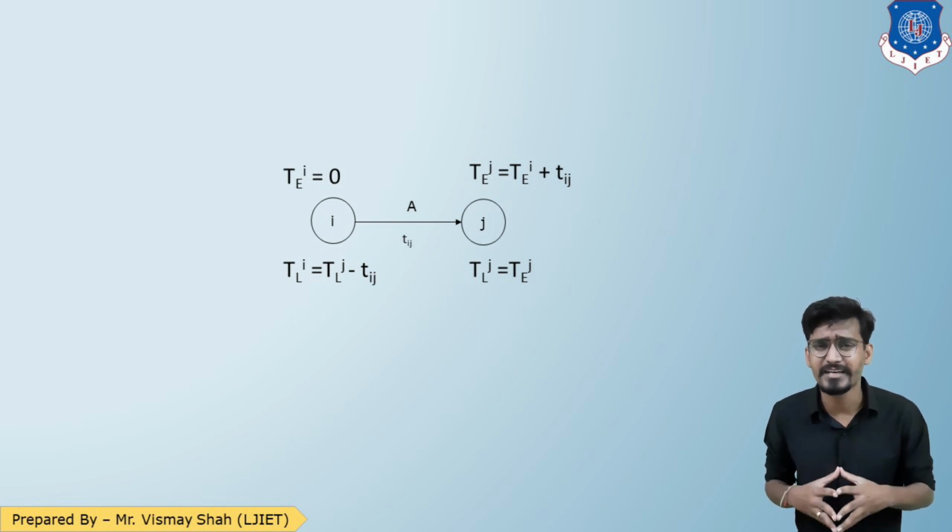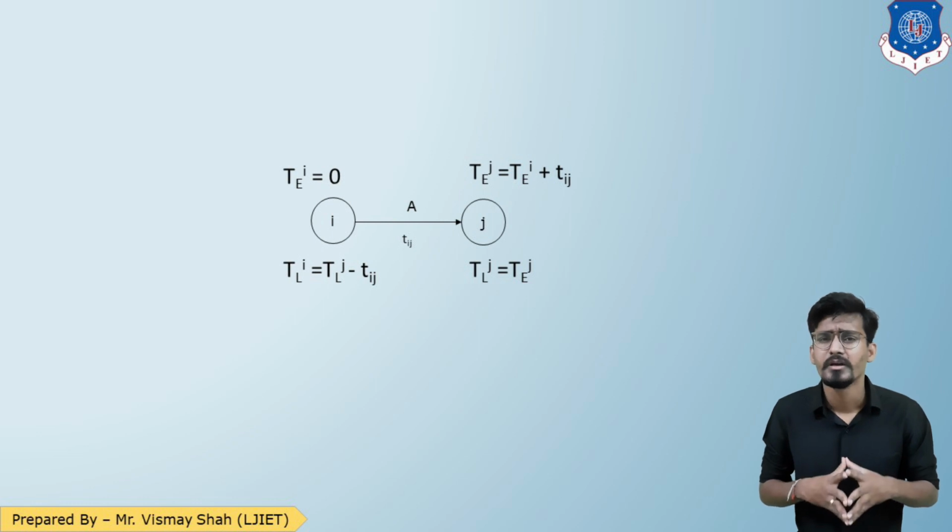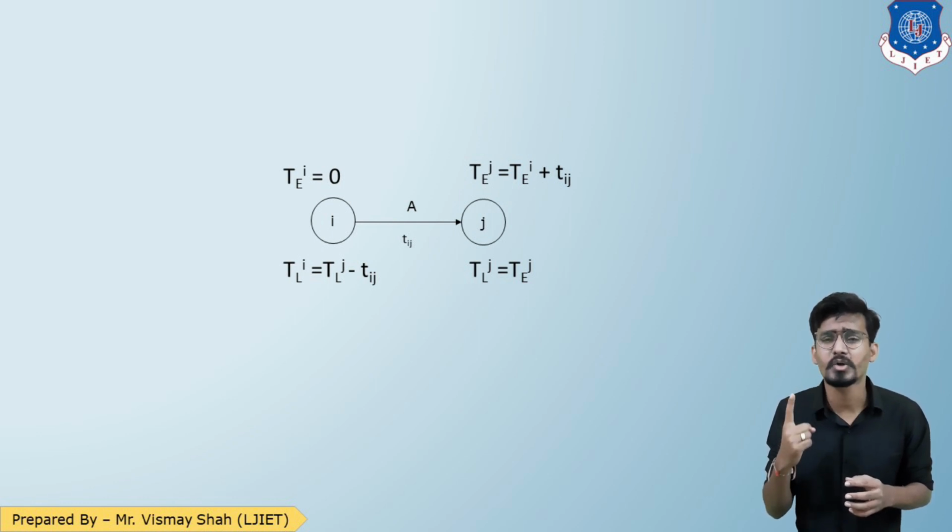From the next session we are going to see the numericals of the CPM method. In a numerical, three kinds of questions can be asked. First, find the total duration of the project. Second, find the critical path in the project.